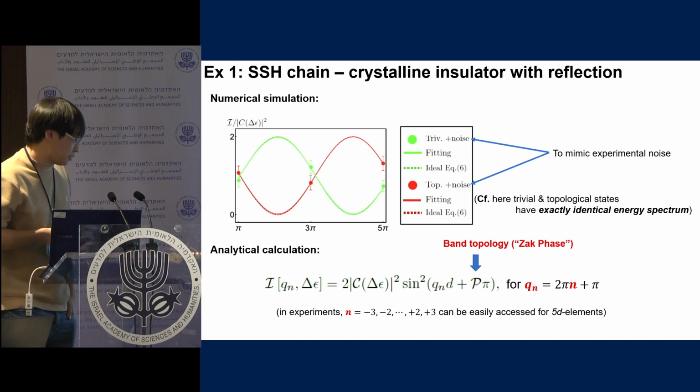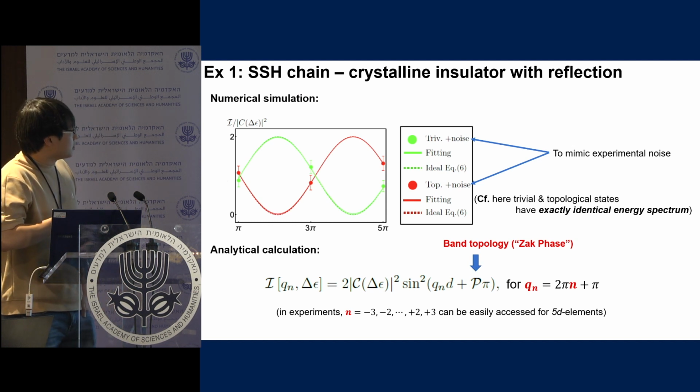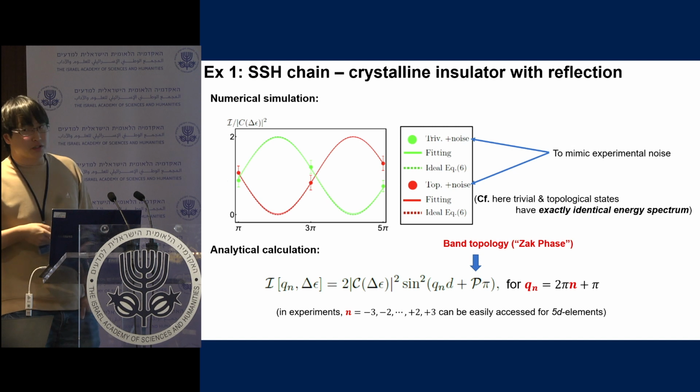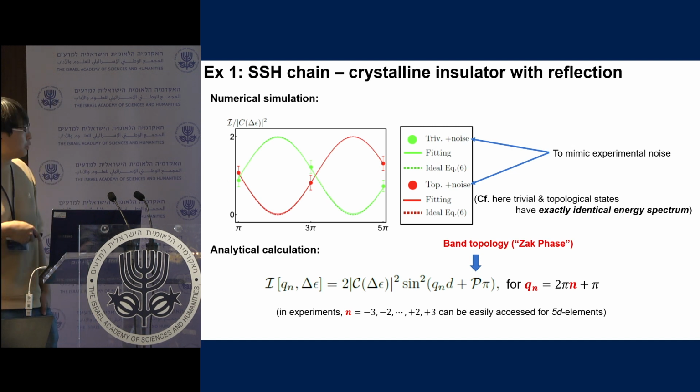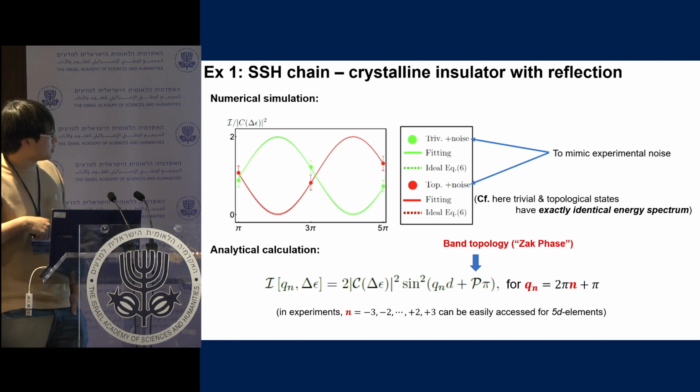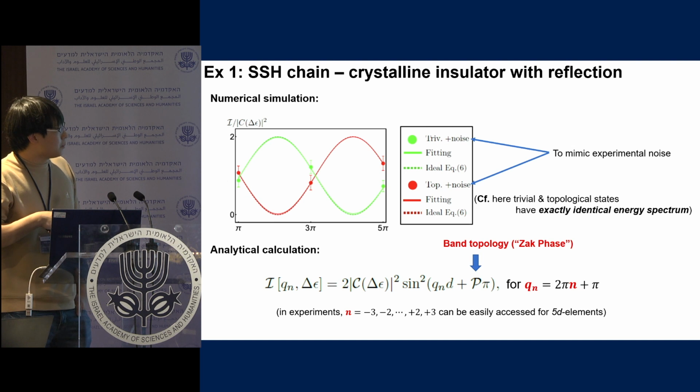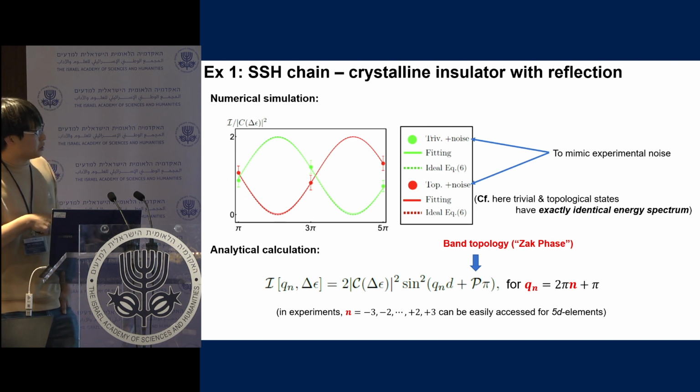Actually, you can do the calculation yourself because the model is so simple. Then the scattering intensity in terms of momentum and energy goes like this. You see there is some amplitude, like certain numbers, and sine square Q, which is the momentum, and P pi, where P is actually the Zak phase.